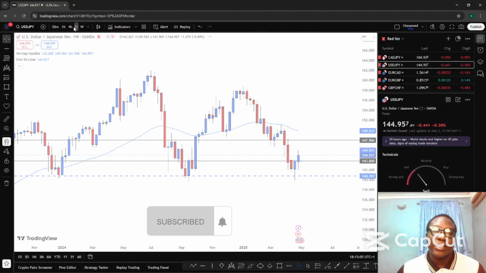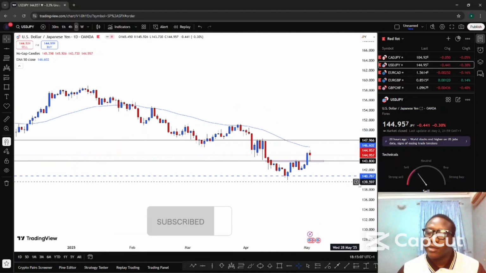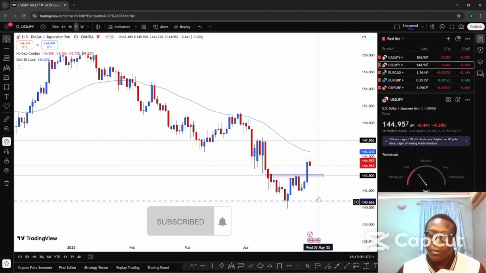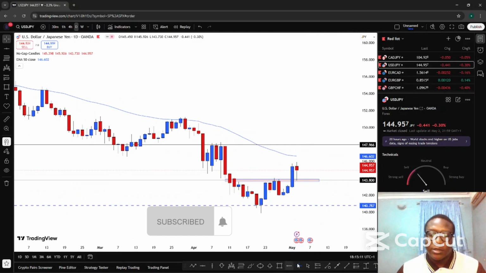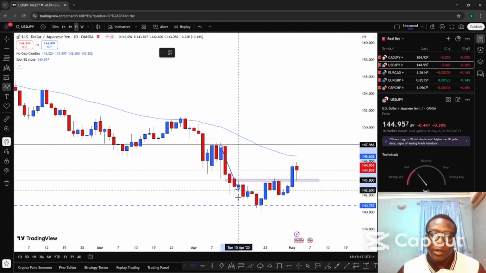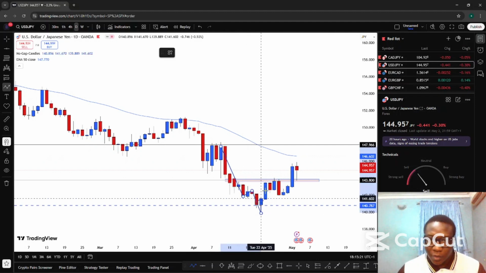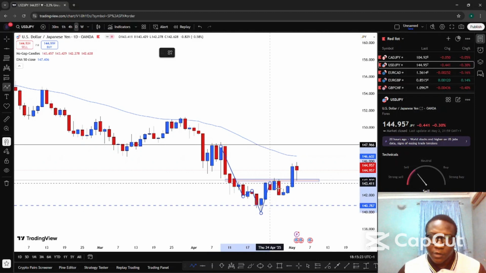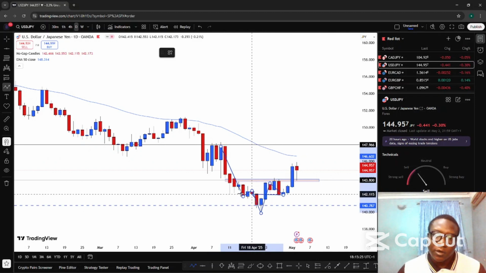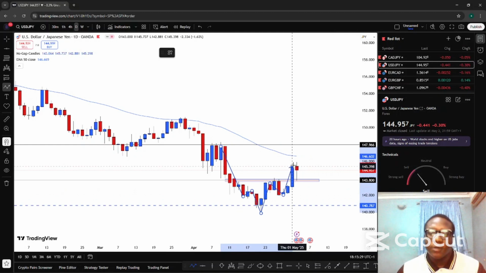So on the daily time frame, we can see that the market is currently bullish. As you can see, the market came down, it was this low, it was this elbow, and the market closed above, giving us a retest of this previous market structure point with this push.